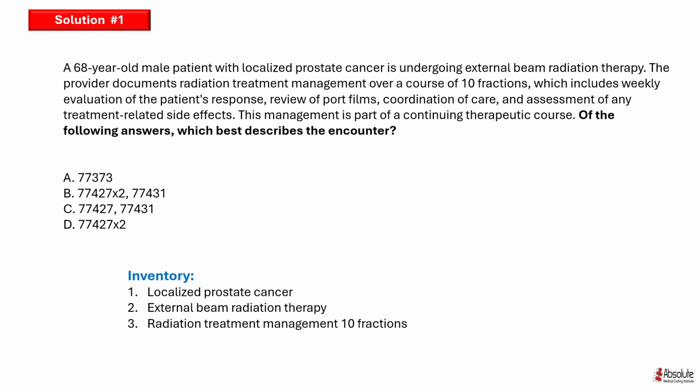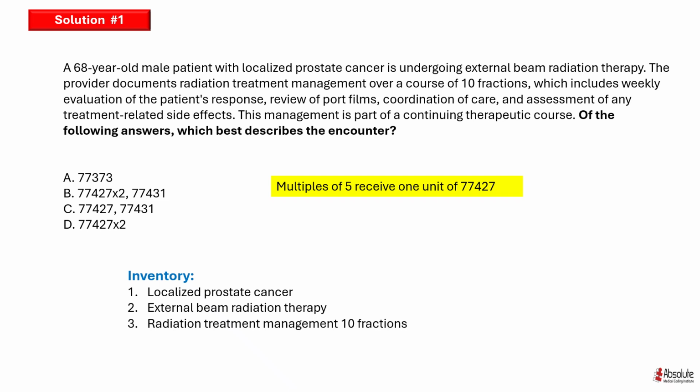Now, what do we do? We're going to go to the management codes. So I want you to know that these codes, specifically 77427, that's the one with the math in it, are assigned based on multiples of 5. For every multiple of 5, you assign 77427, right?